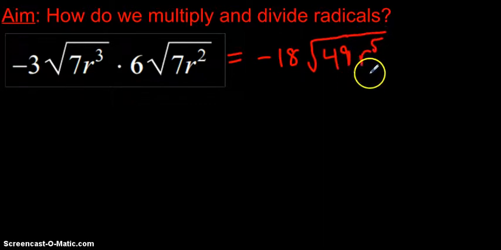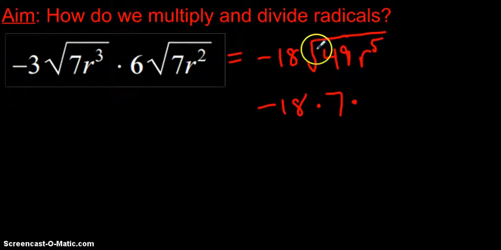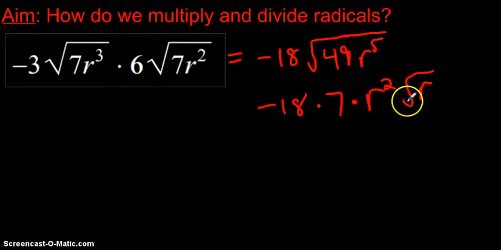Now we can simplify the radical. Negative 18. 49 becomes 7. And radical r to the 5th becomes, again, we divide how many out from our index. So our index is 2, so there are 2 groups of r that we could take out of there, with 1 r left over inside the radicand. Okay, so there were 2 groups of 2, so that gave us r squared.